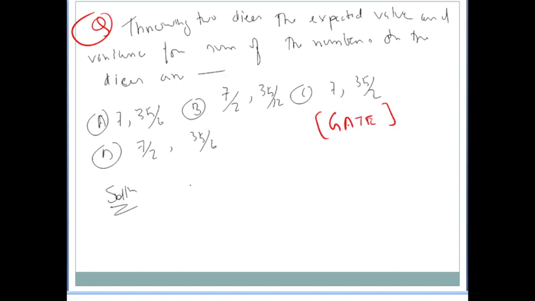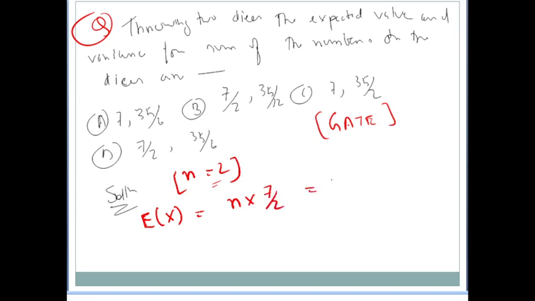Here, throwing two dice, n will be 2, the number of dice thrown at the same time. The formula for expected value is n into 7 by 2.